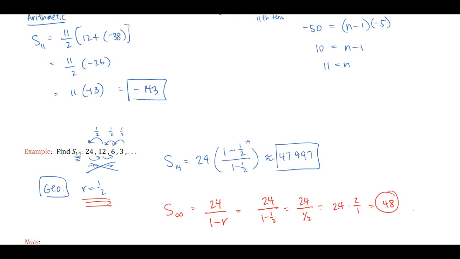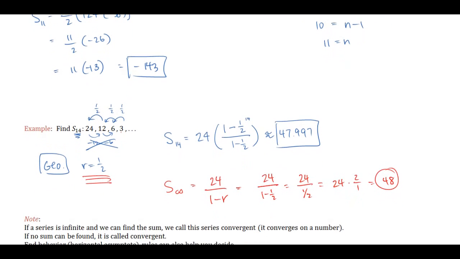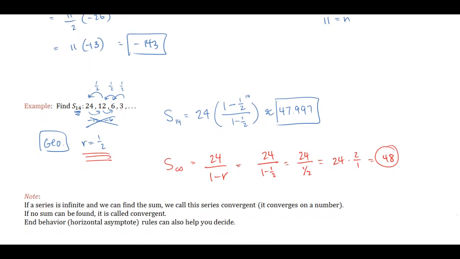And so that's kind of a neat thing and kind of a crazy thing to wrap your head around. So we can definitely discuss this. I just wanted to let you know that if it's infinite, we can find the sum. It's called convergent. If it's not, it's called divergent. A little fix there, so make sure you scribble that out and call it divergent.